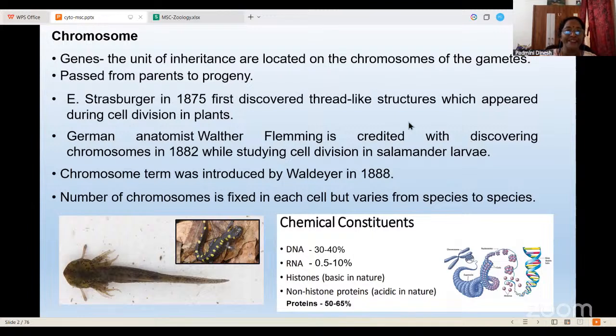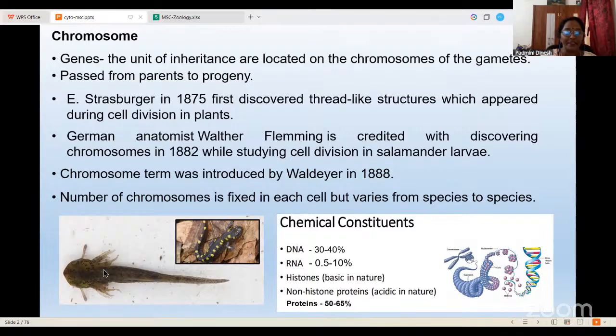In 1875, Strasburger discovered thread-like structures which appeared during cell division. In 1882, it was the German anatomist Walther Flemming who was credited for discovering cell division in salamander larva.